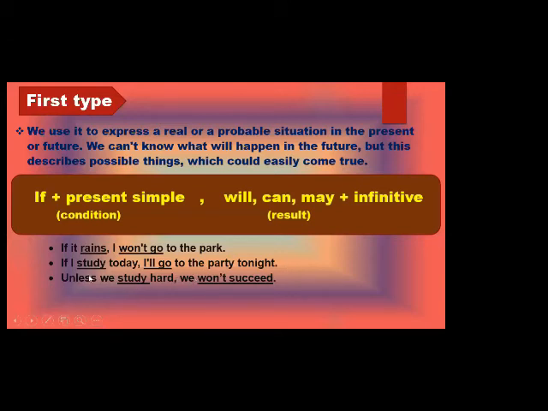Remember, we said unless means if plus not, so we concentrate on the meaning. Unless we study hard means if we don't study hard. What will happen? We won't succeed. So the condition is in the present simple and the result in the future, will plus infinitive.